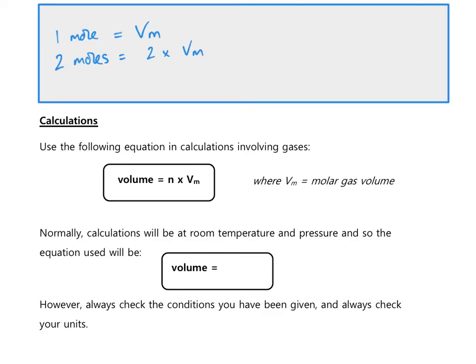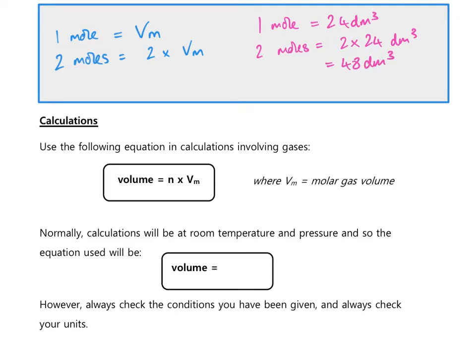So if we were using it at room temperature and pressure, we would say that 1 mole occupies 24 decimeters cubed. And so 2 moles is going to occupy 2 times 24 decimeters cubed, which is 48 decimeters cubed.